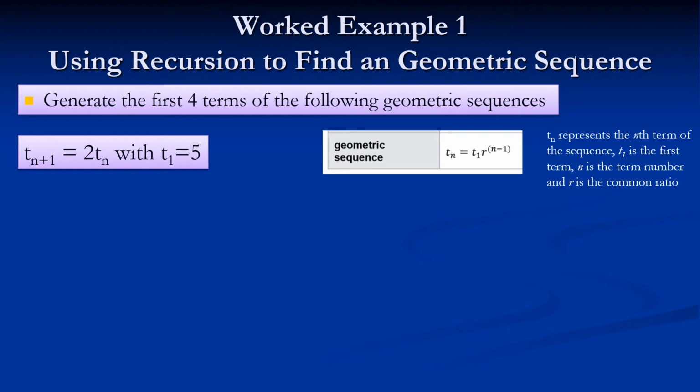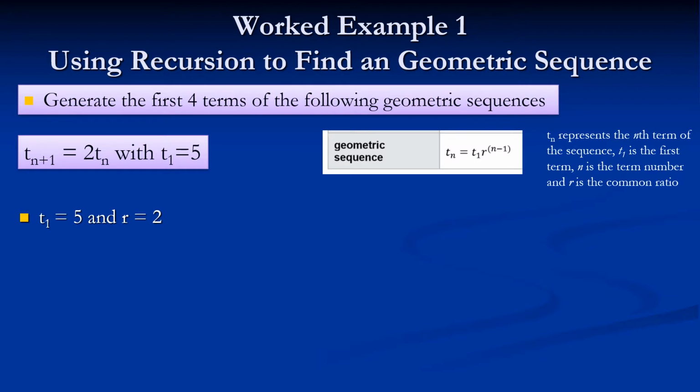So let's have an attempt at using this recursion to find a geometric sequence. So the first one we're going to have a look at is generating the first 4 terms of the following geometric sequence. So we know that Tn plus 1 equals 2Tn, and the first term is going to be 5.